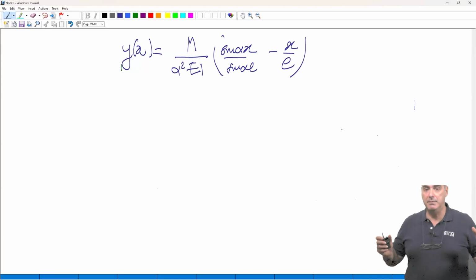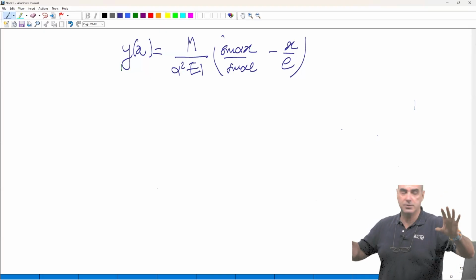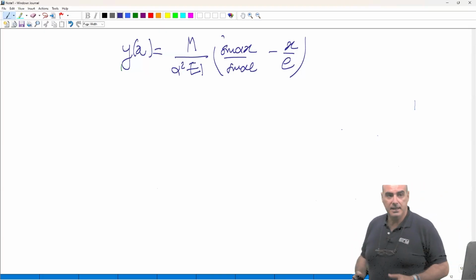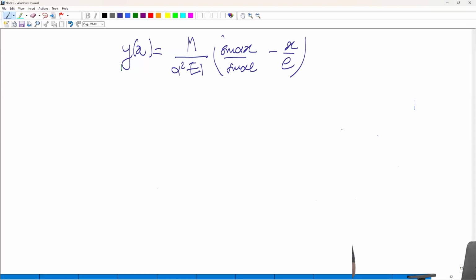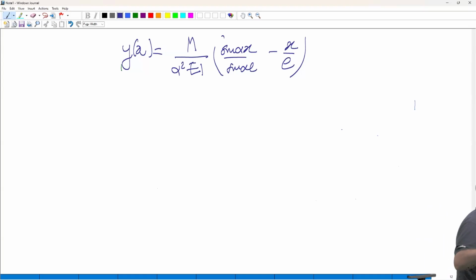This structural element has finite dimensions, length, a cross section. It's real, so it has to be finite. There is a finite load, there is P. There is a moment which we have seen comes from P times an eccentricity. So the geometry of the beam is real, finite, and the loads are finite. What happens is that your deformation becomes infinite.